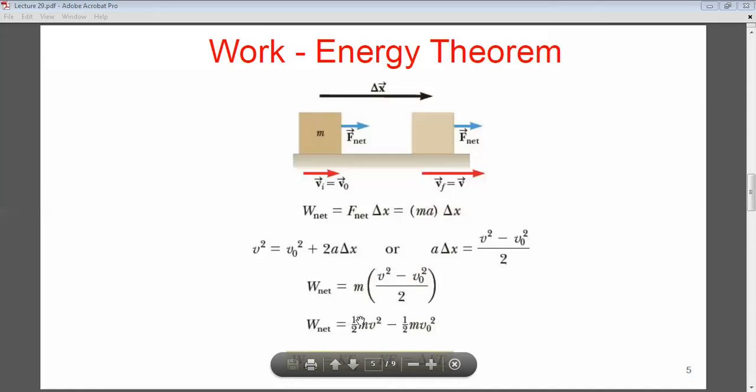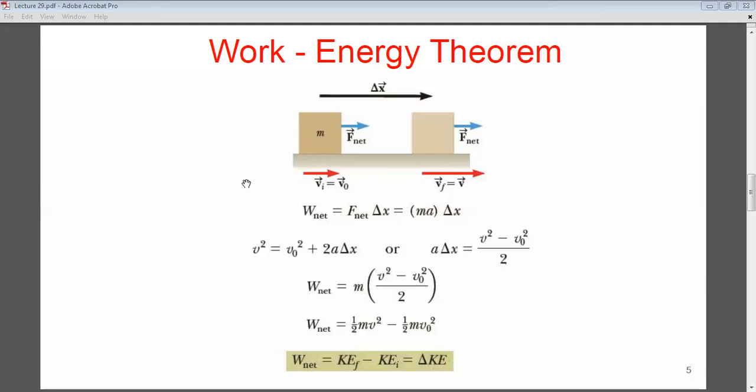And this is nothing but kinetic energy final minus kinetic energy initial. And this is the work energy theorem, that says W net is equal to delta kinetic energy. So W net is the change in kinetic energy: kinetic energy final minus kinetic energy initial.